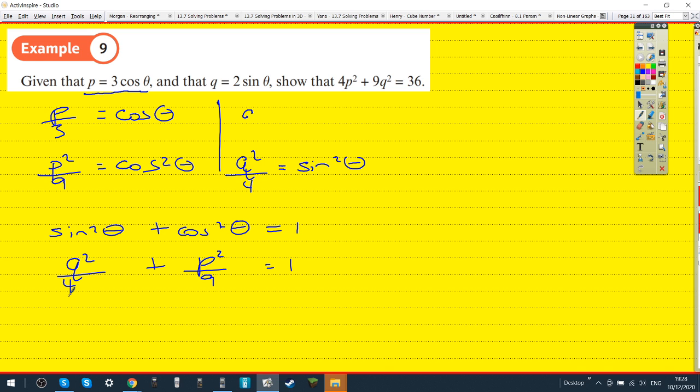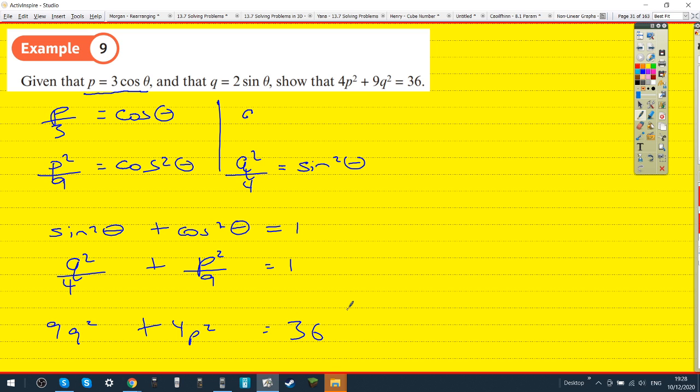No, wait, it's 9. So that's 9q squared. And then 36 divided by 9 is 4, which is 4p squared. Equals? 9q squared plus 4p squared equals the right side, 36. Yes, well done.